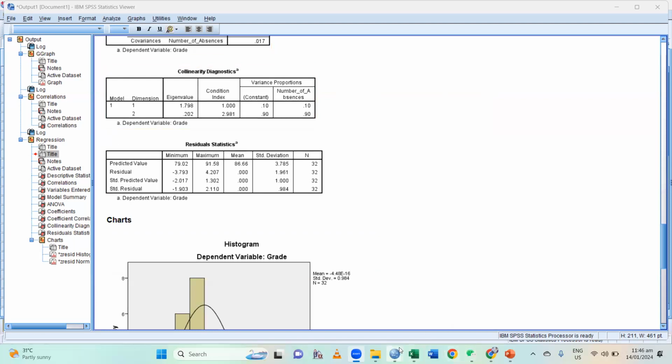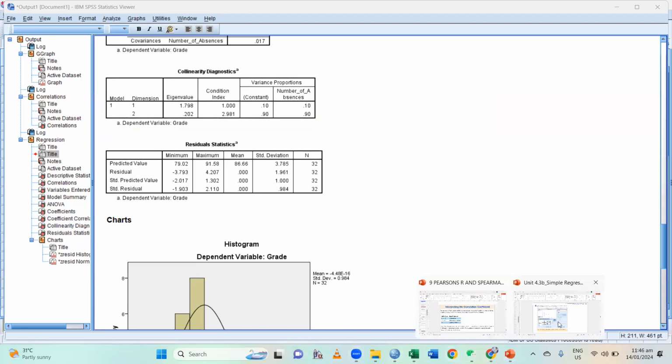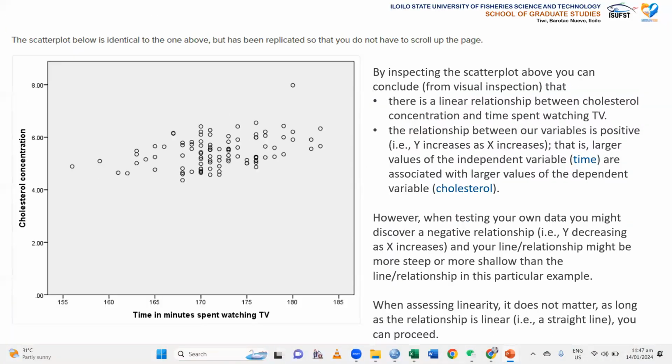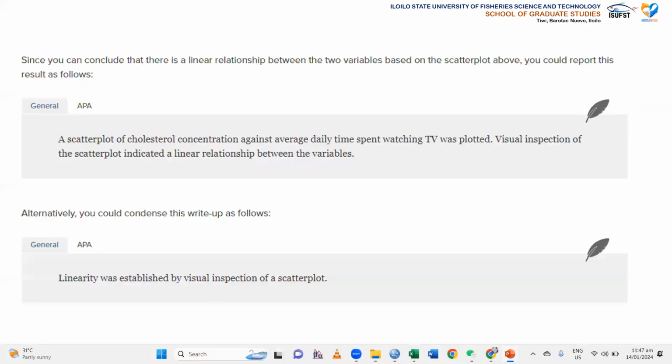So that's why you could use, no? So for your write-ups, for example, this is just an example write-up for the cholesterol. So a scatter plot of cholesterol concentration against average daily time spent watching was plotted.